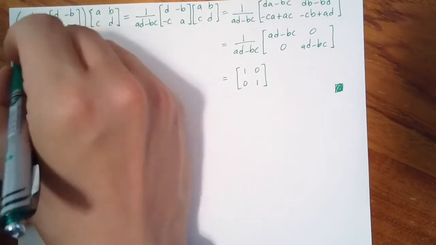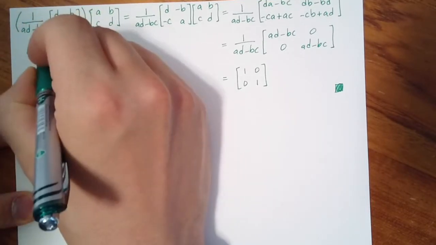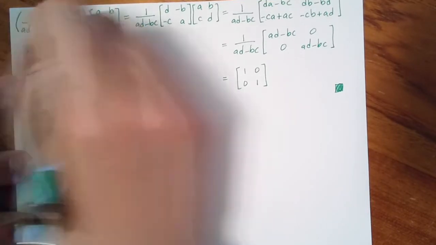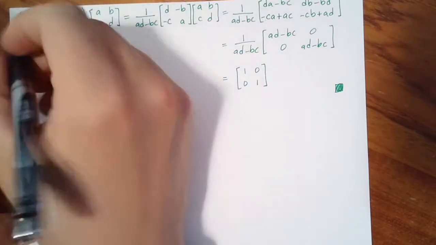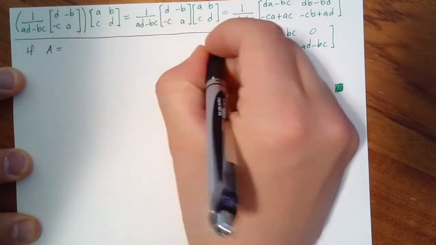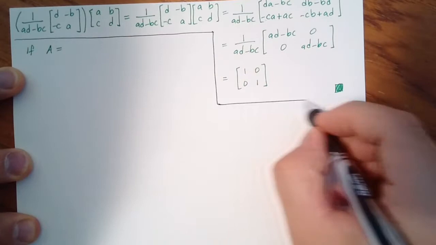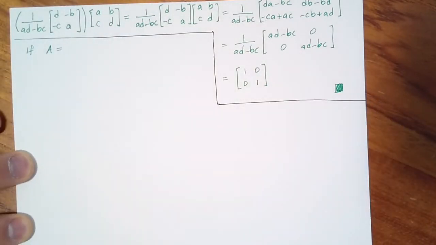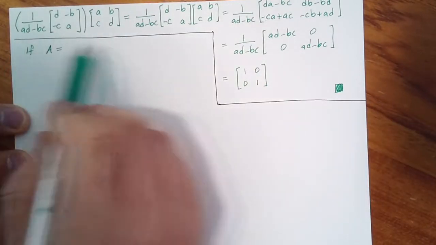Let's just summarize, by the way. So if the matrix A, and I'll even separate this, we can leave a little bit of space up here for a remark. This is really just a statement of what the theorem just said.